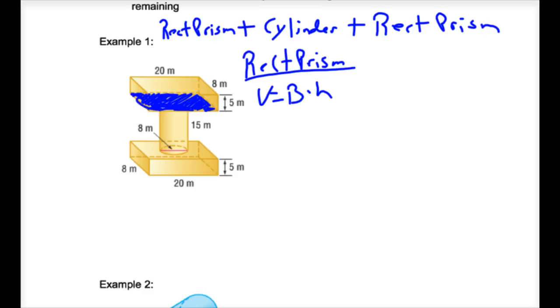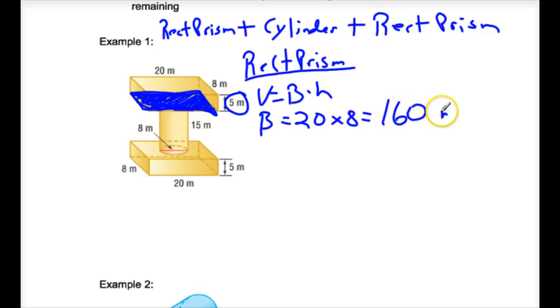What number gets circled for the height, Trace? The 5. Very good. What are the dimensions of the base? 20 by 8. What is 20 times 8? 160. Very good. So big B is 160 meters squared. Grab your calculator and multiply by 5 to find the volume.